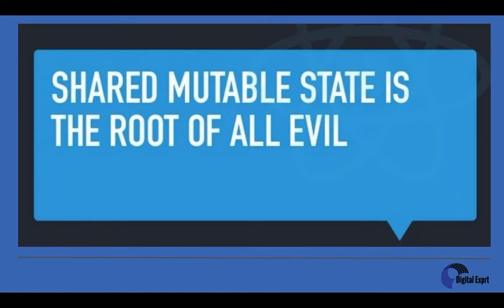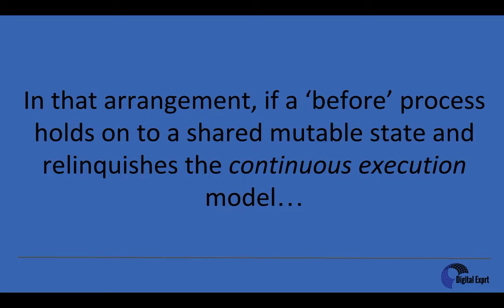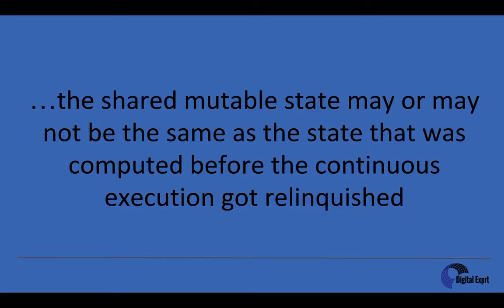So if two or more processes or threads share the same mutable state, then basically it is anyone's guess if and when that state is going to change, because they're running in parallel and there is no crosstalk between them or synchronization. And in that arrangement, if a before process holds on to a shared mutable state, relinquishes the continuous execution model, the shared mutable state may or may not be the same as the state that was computed before the execution got relinquished.